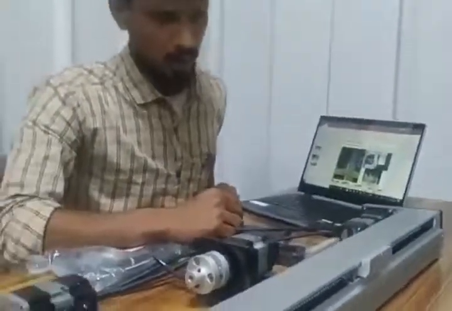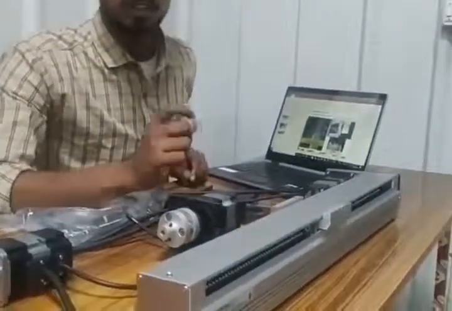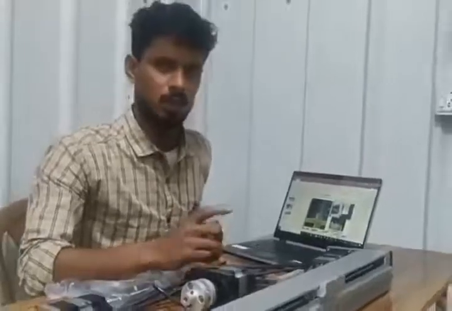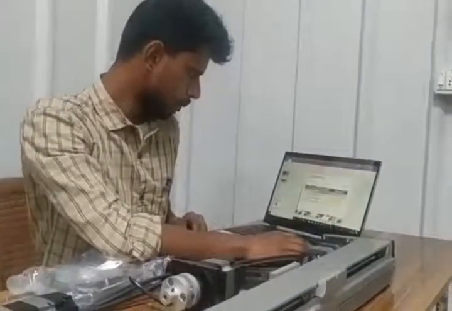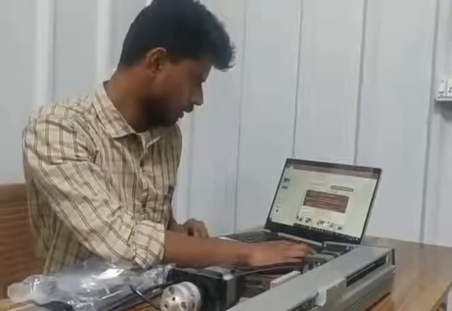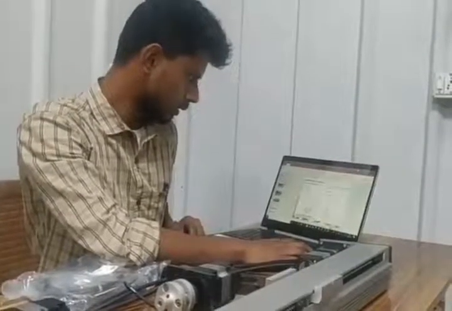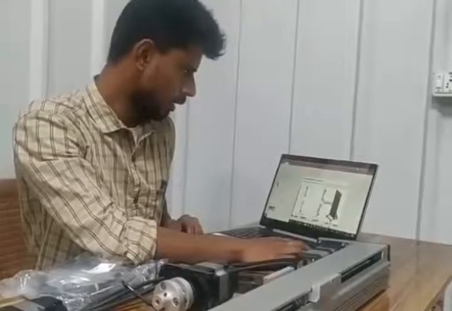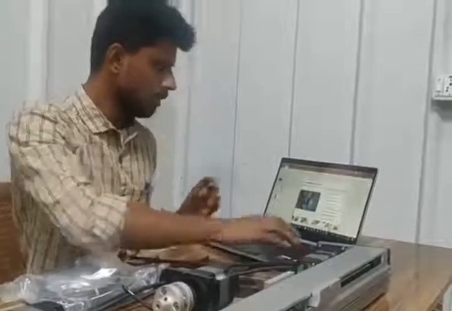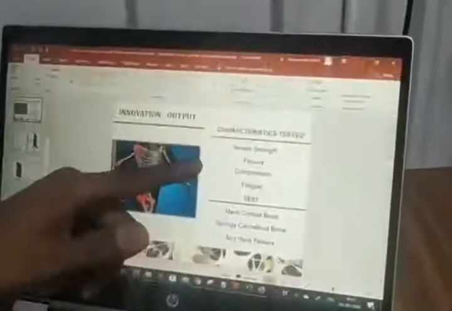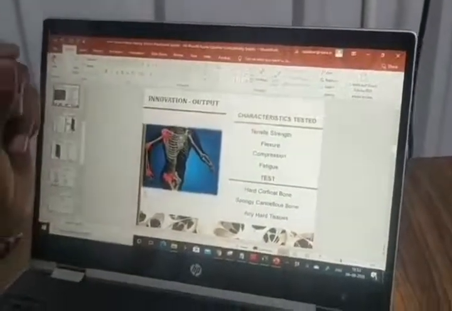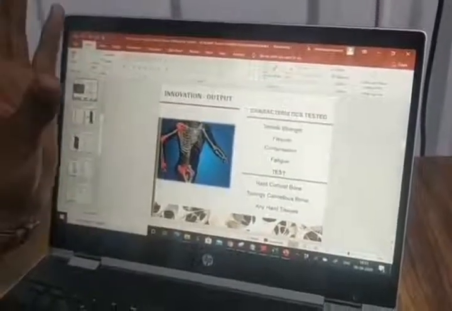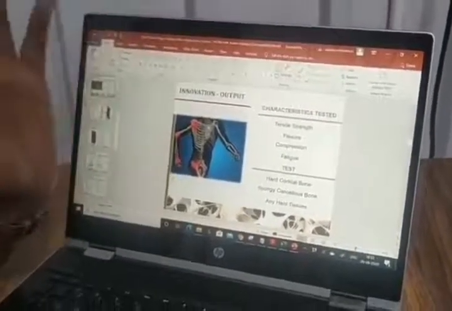During that force, how much distance they move will be recorded. The result will evaluate tensile stress, flexure, compression and fatigue cracks, and how much load the bone can withstand.